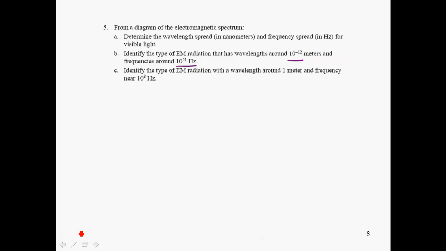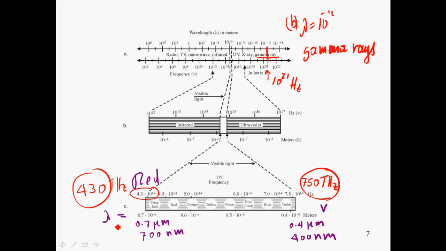And I think we were left with identify the electromagnetic radiation with a wavelength around 1 meter and frequency of 10 to the 8th hertz. So let's go to the diagram. Meter, okay, this is wavelength. Where's the wavelength? It's about 1 meter.